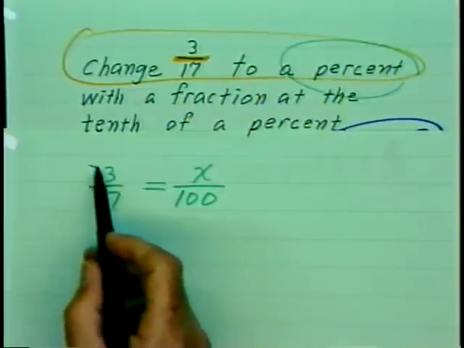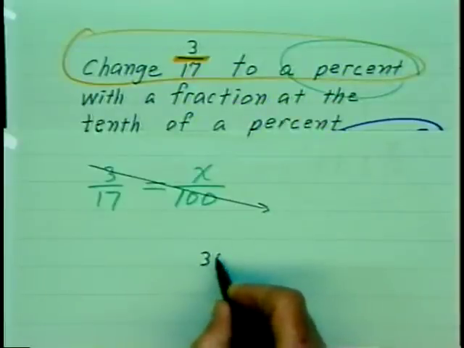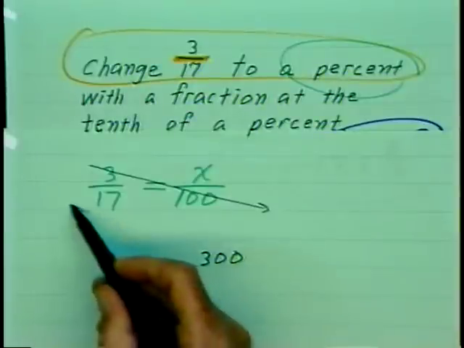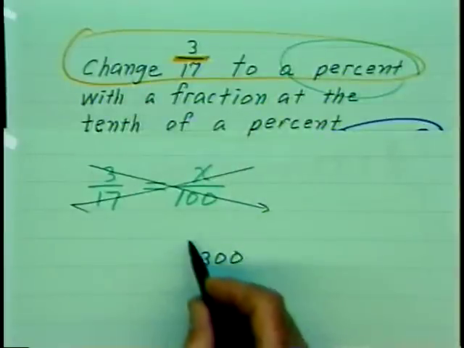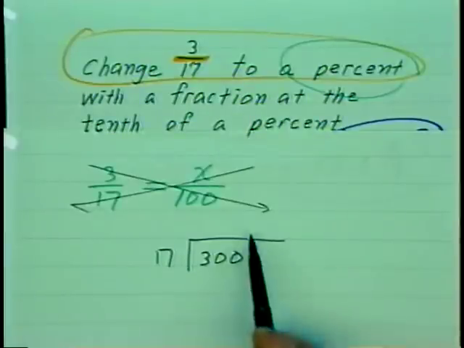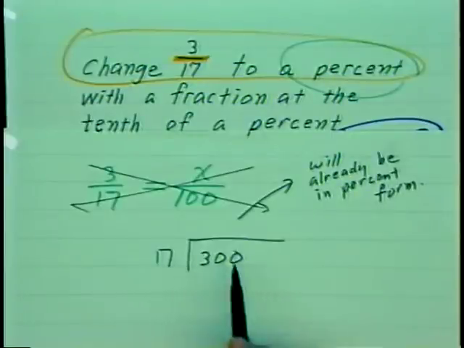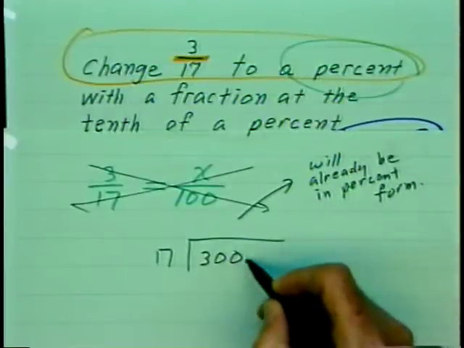Okay, so now we simply solve the proportion, which we've been reviewing the last couple of lessons. We would multiply these two, which obviously is 300, then divide by 17, and my answer will be in percent form. Notice as I divide this, the decimal point now is here.